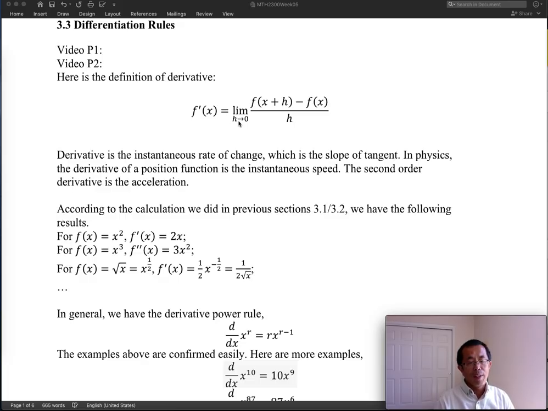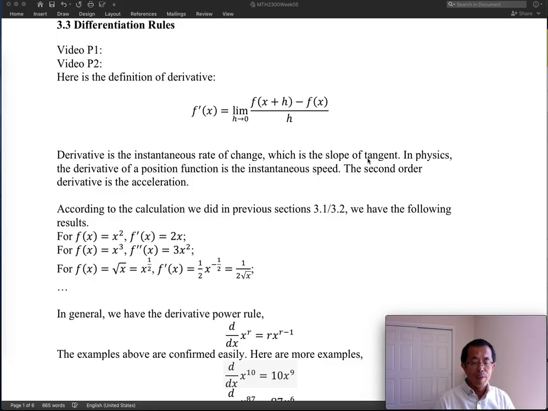And mathematically, if you are thinking about the graph, that instantaneous rate of change is the slope of the tangent line. And another explanation of the instantaneous rate of change: the derivative of a position function is the instantaneous speed.